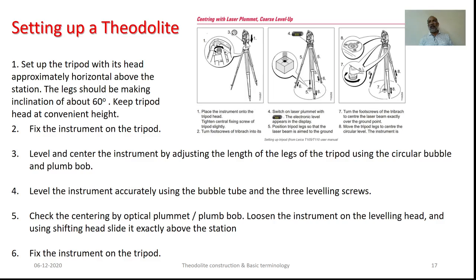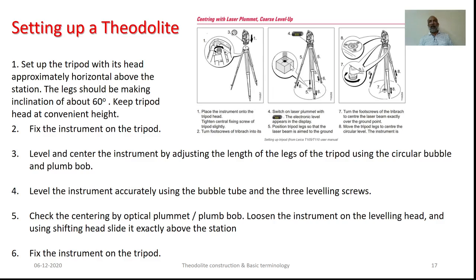We keep the equipment on the head and use the clamping screw to fix it on the head. As we do so, it's better to have all the leveling screws, which separate the tribrach and trivet, brought to the middle of their run.